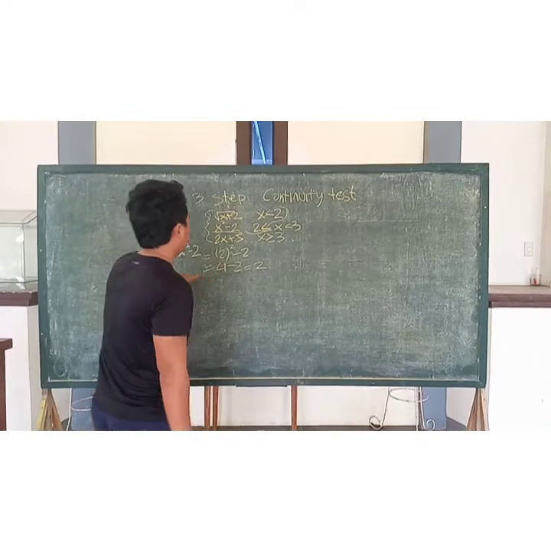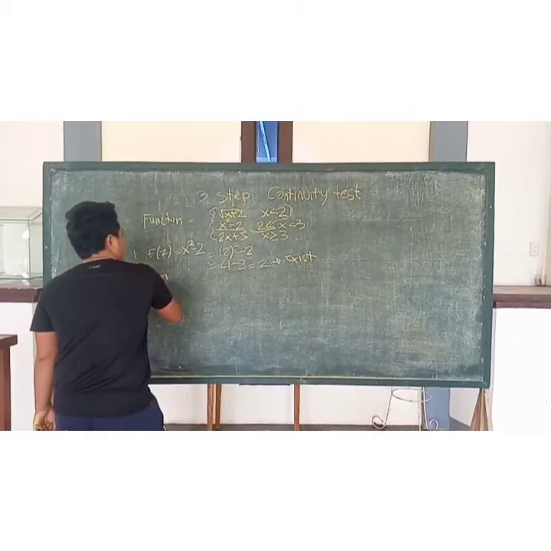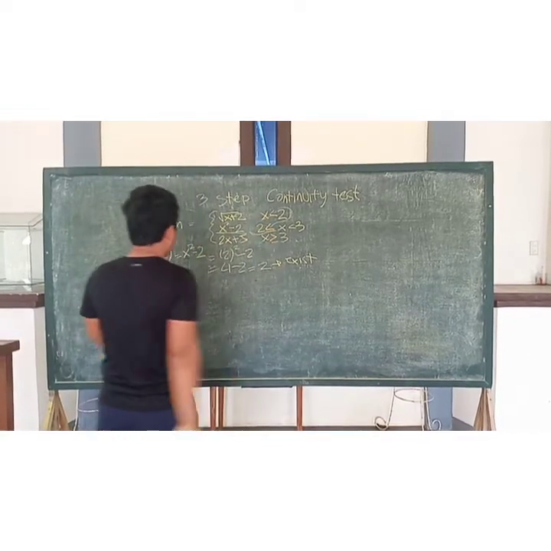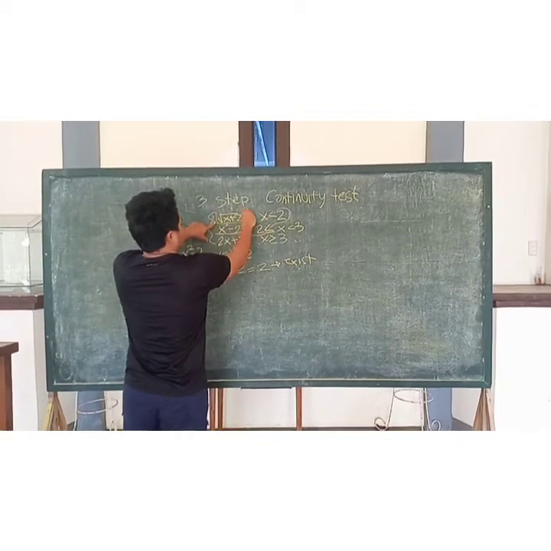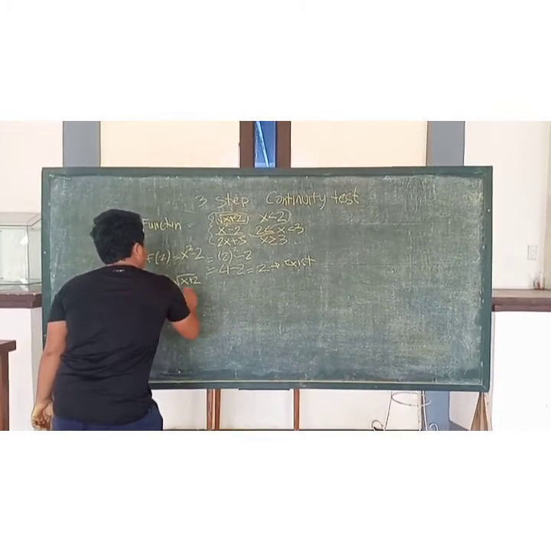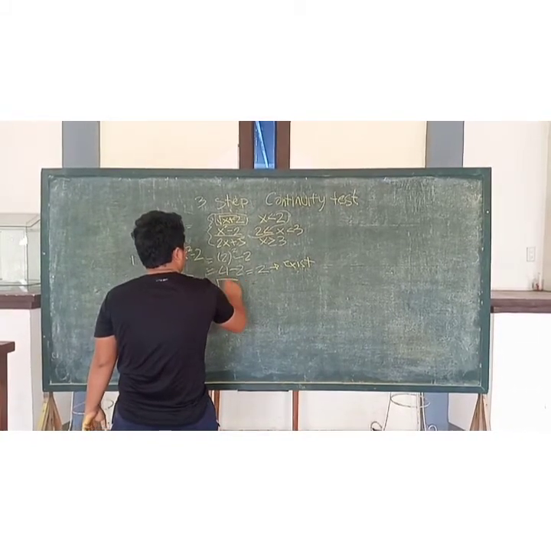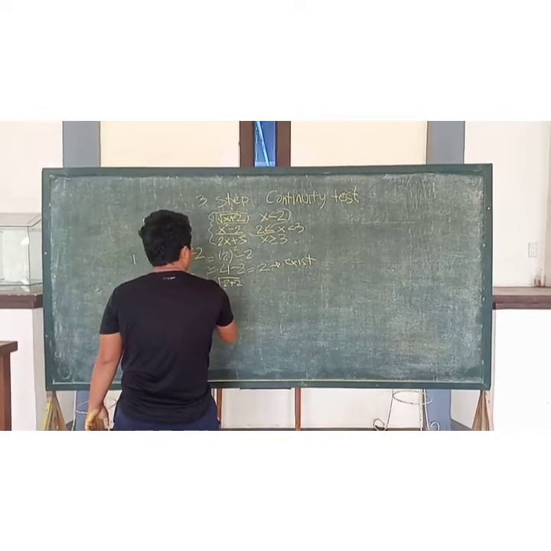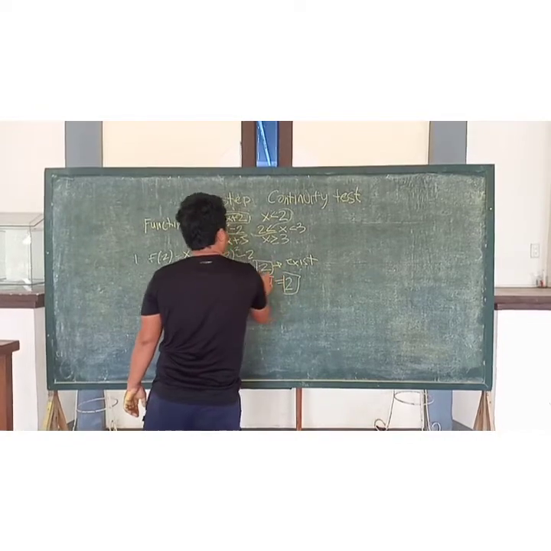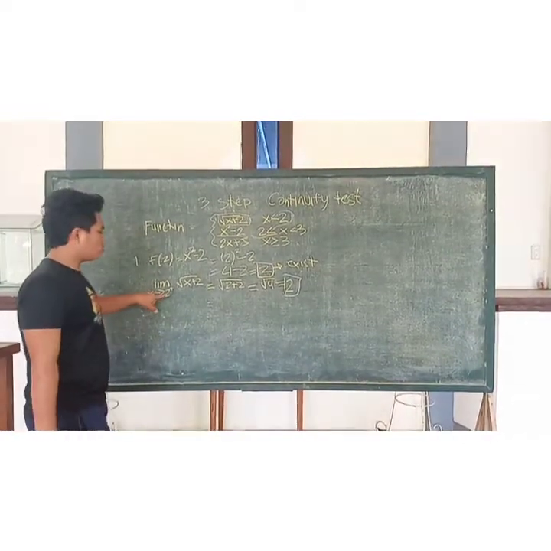Next, in step number 2, we need to know whether the limit exists. We solve for the limit of x approaches 2 from the positive side.